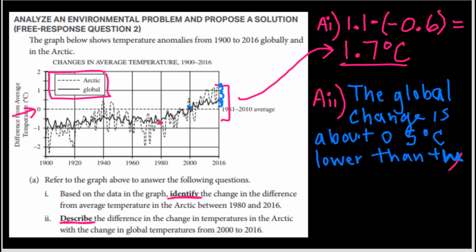Now that's still an ID, right? So I need to maybe say a little more about this. I said this could mean that the Arctic is warming faster than the rest of the planet, or the changes in the Arctic are faster than the rest of the planet. I'm going to write this for changes because we're running out of space.